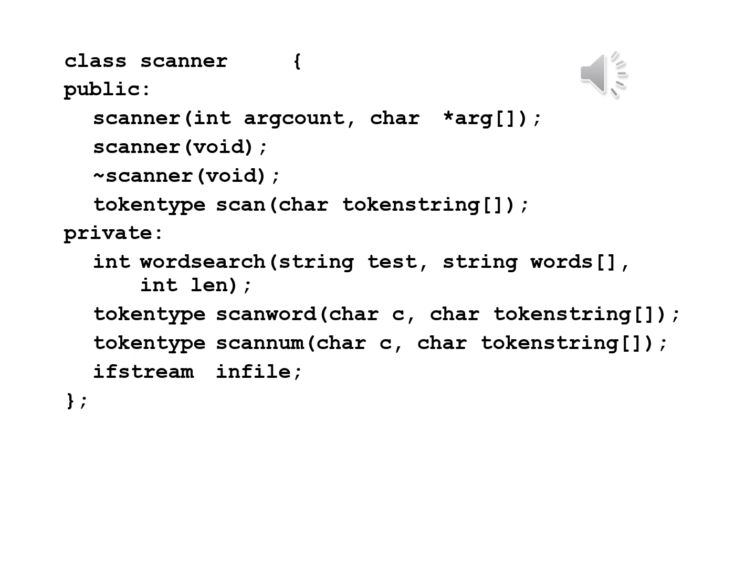We also have a destructor to close the file, and scan, which is what the parser will call to get additional tokens. Privately, we have word search, which essentially is an array of all of the tokens, which is essentially going to be our symbol table.